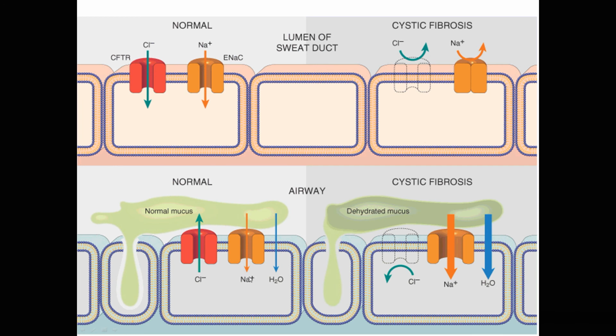In the airway epithelium, normally, it is shown here, the normal function of the chloride channel and the sodium channel. Now, the chloride channel being affected by the genetic disorder, sodium will also be retained to balance the anion accumulation, sodium being a cation.